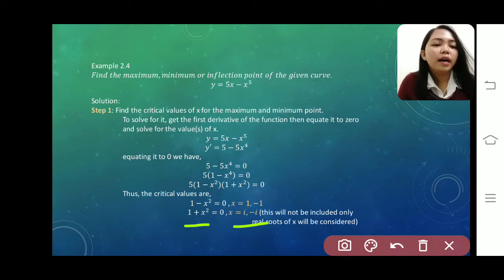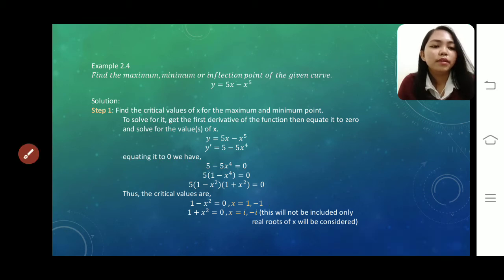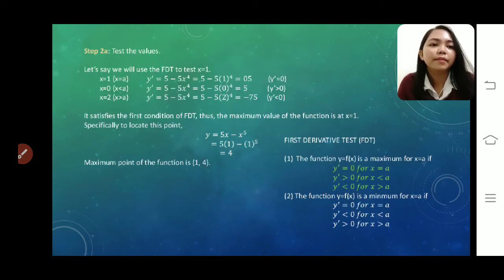So, hindi natin i-consider yung roots na imaginary. So, we will consider only the real numbers, yung roots na real. So, therefore, ang i-consider natin critical numbers are 1 and negative 1. So, we have to test the values.